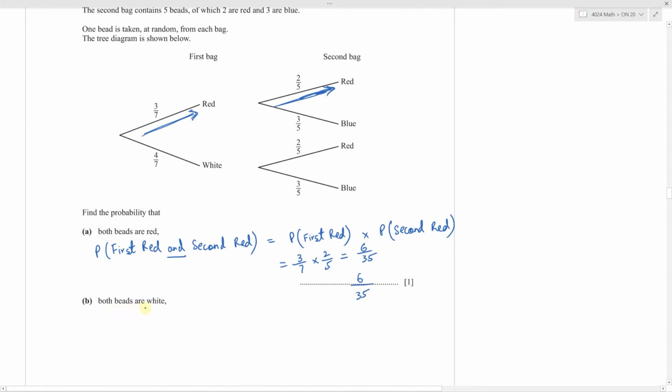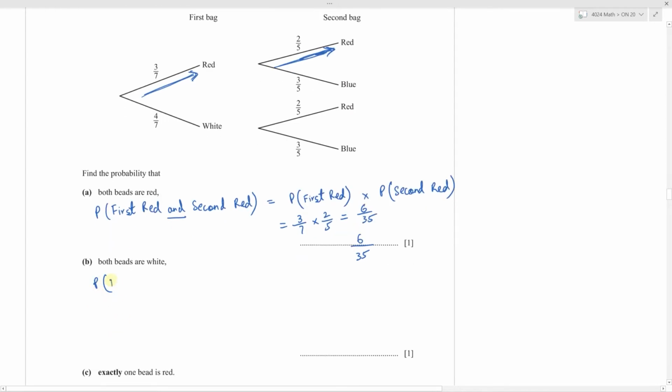Both beads are white, so that means probability of first white and second white as well, similar to how we did it for red. Again, this will be probability of first white multiplied by probability of second white.